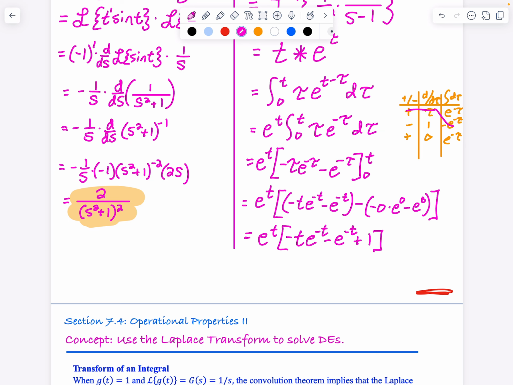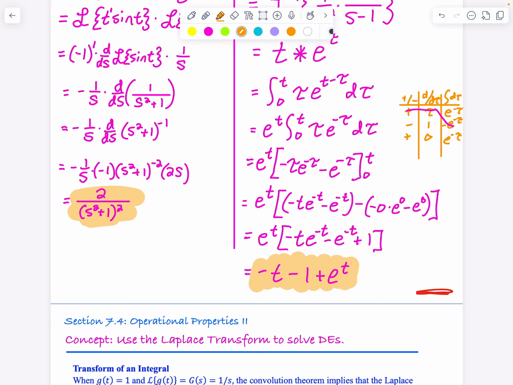All right, I think there's a small mistake somewhere in my work, maybe. No, it just flipped around. Okay, so if I multiply this out, I get negative t, and then I'm going to get a minus 1, and then I'm going to get an e to the t. So that's an expression that we'd want because we could work backwards from that if I needed to.